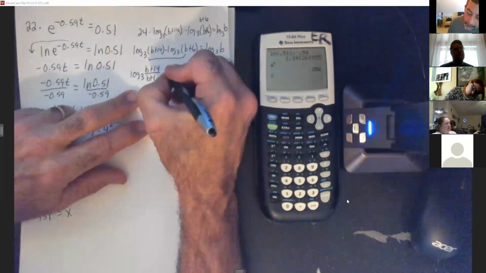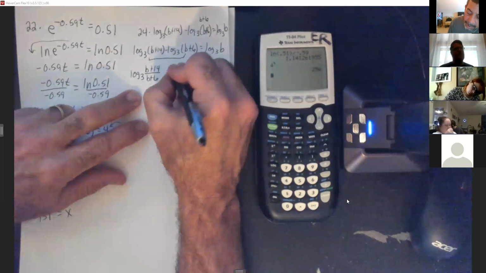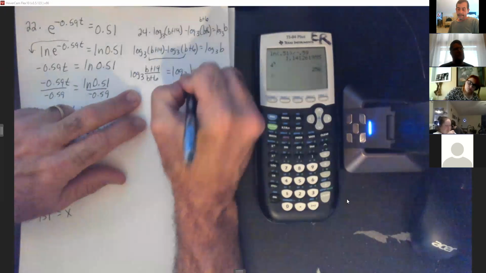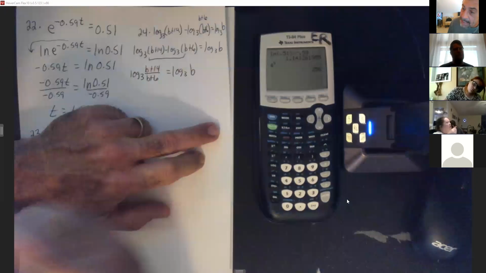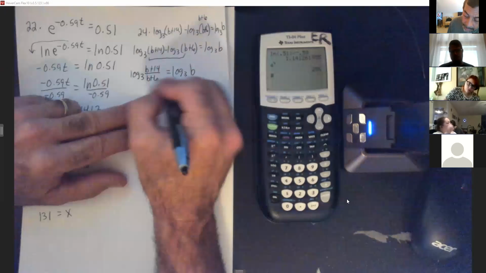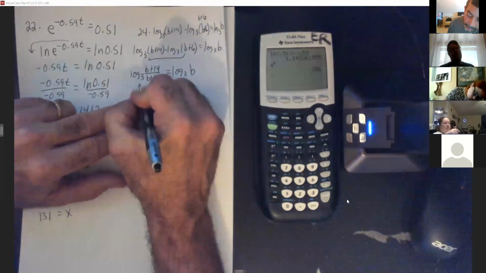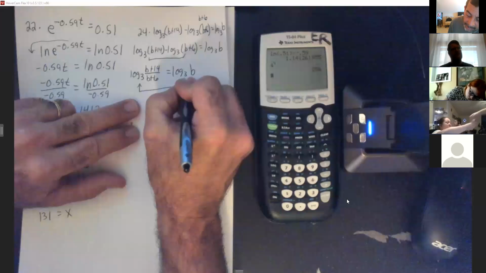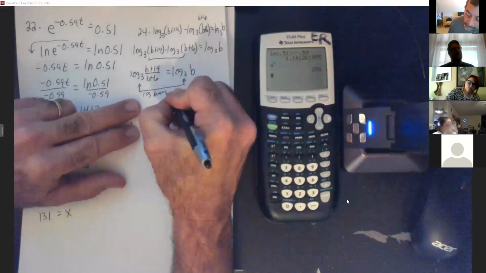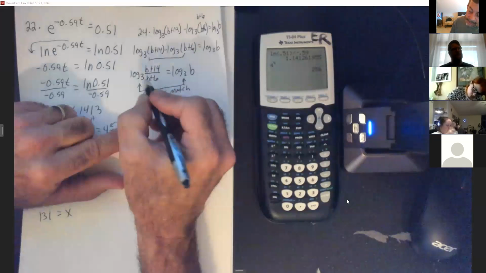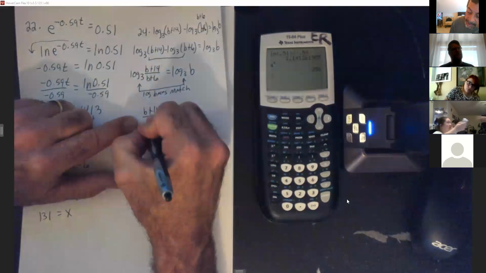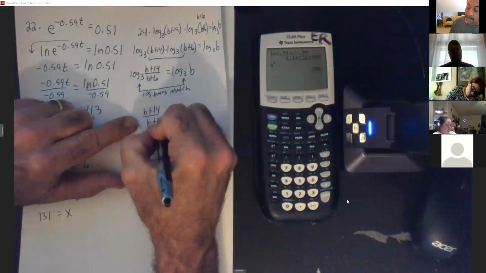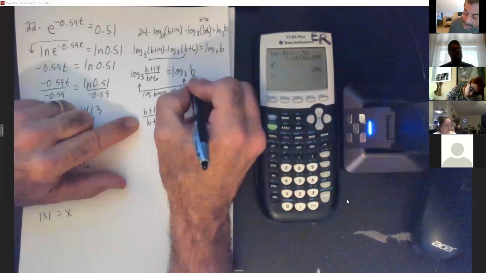That's going to equal a log base 3 of ab. So we're really happy now because both sides have a log base 3. Since the log bases match, I know that this result, b plus 14 over b plus 6, has to equal the right side result of ab.